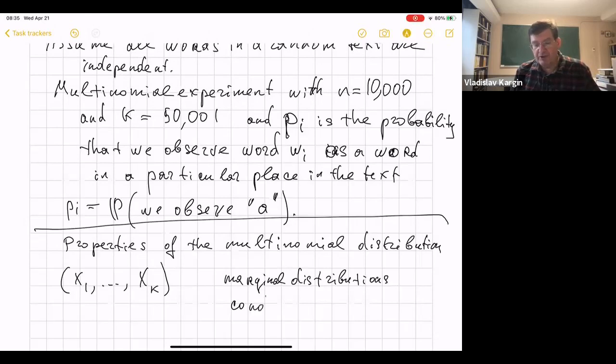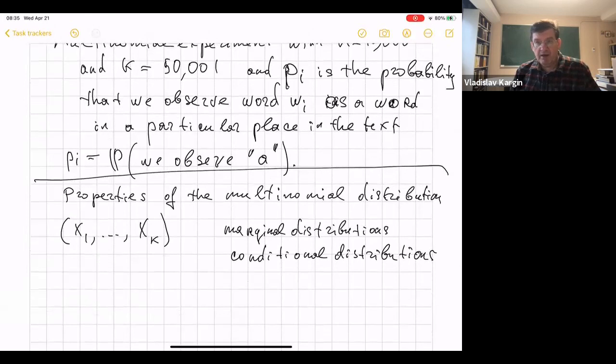These are conditional distributions. And maybe something like variance, which is a particular case of these two things, a simplified version of this.